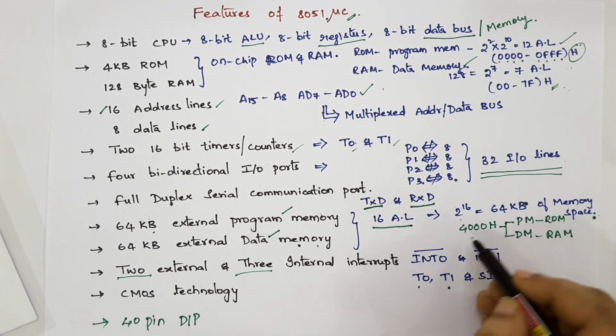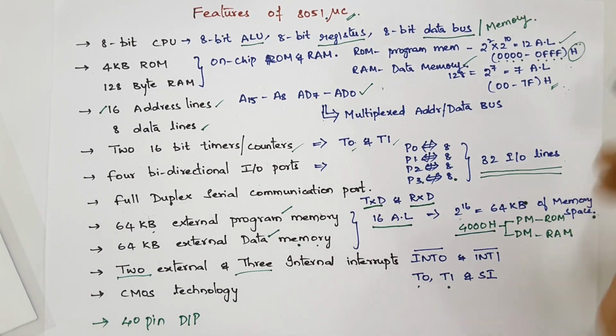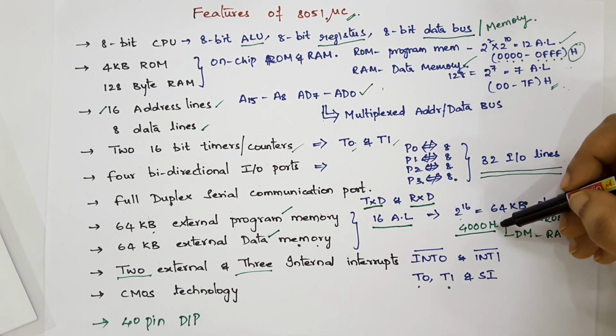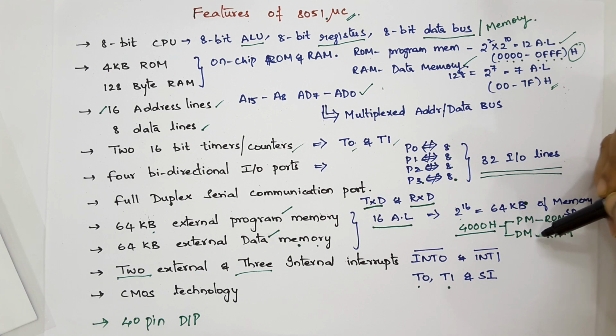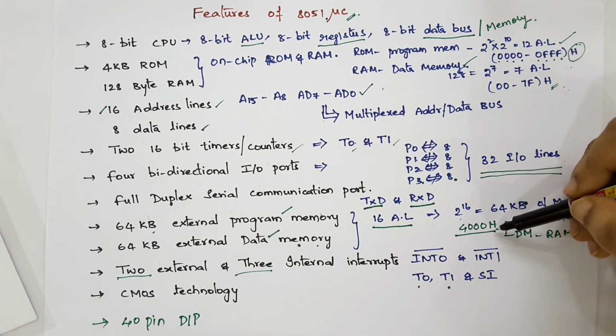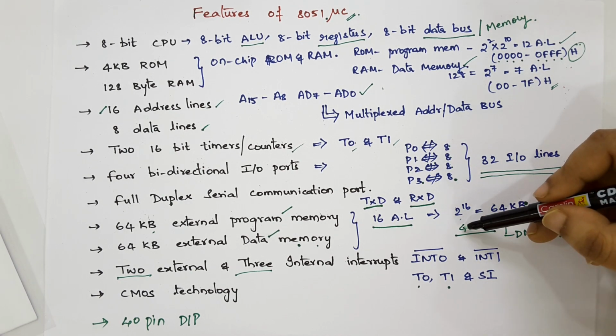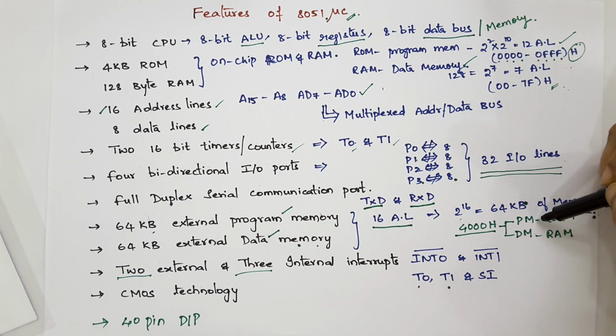So it is like, for example, I have 4000H address. This address I find in program memory, also in the data memory, which is ROM and RAM. So how to know whether this 4000 belongs to the program memory or to the data memory, we'll try to know in the further classes.